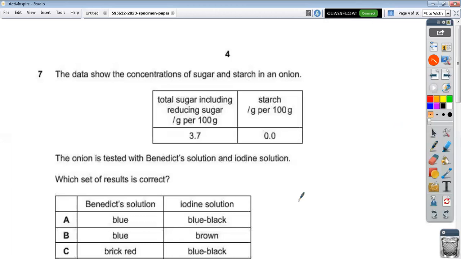The diagram shows the concentrations of sugar and starch on an onion. Then you are given per 100 grams, you have 3.7 there, and 0 there, so no starch.